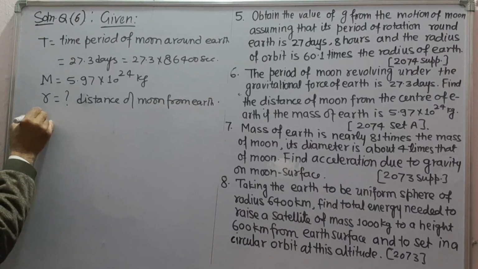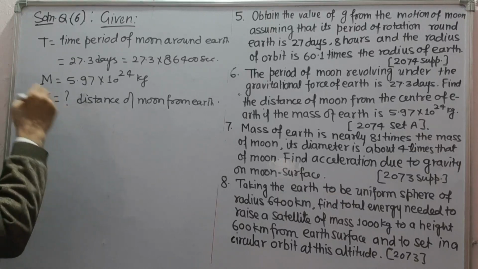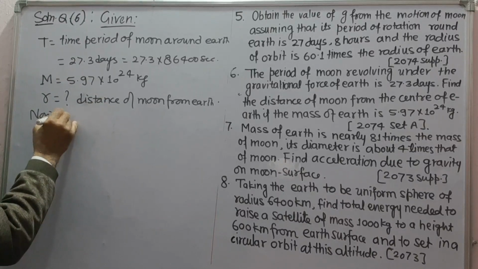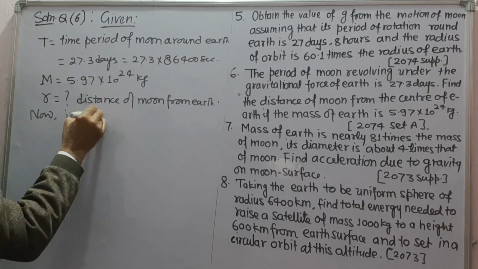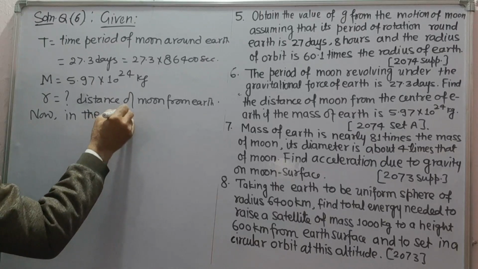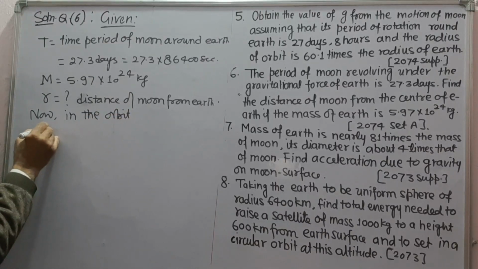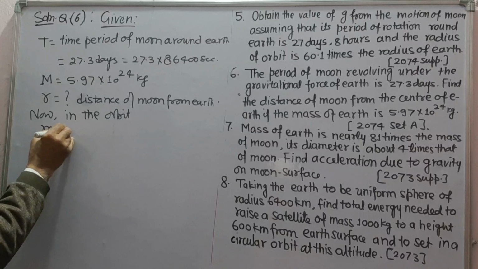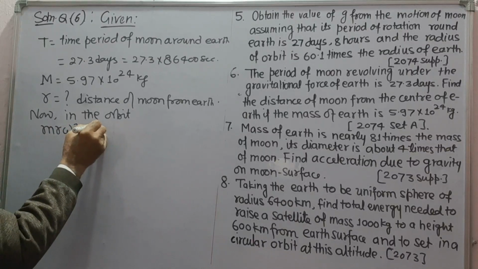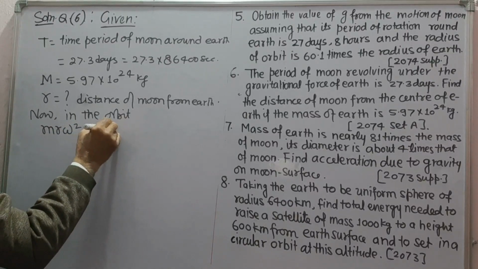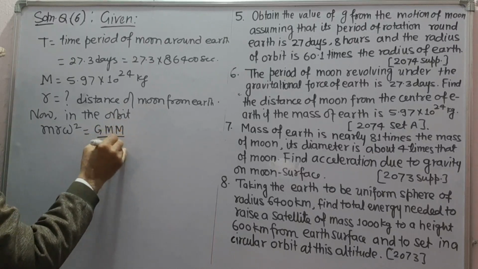Now, in the orbit, centripetal force m r omega square will be equal to GM upon r square.